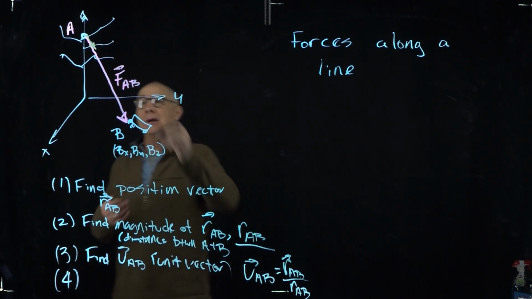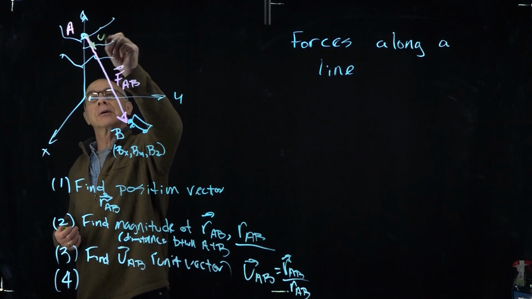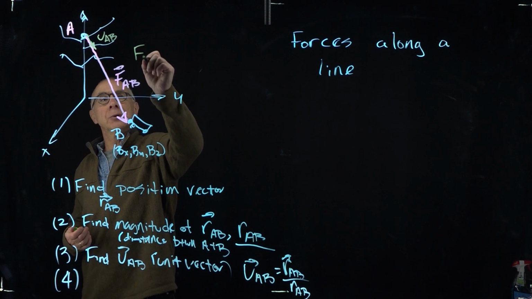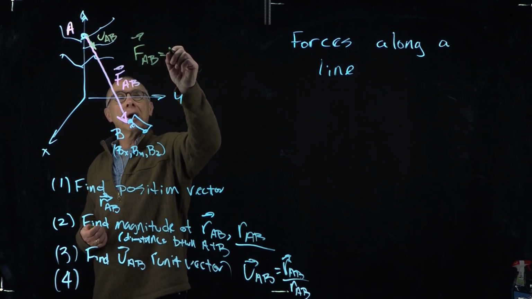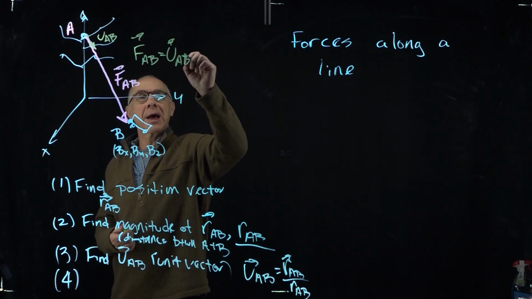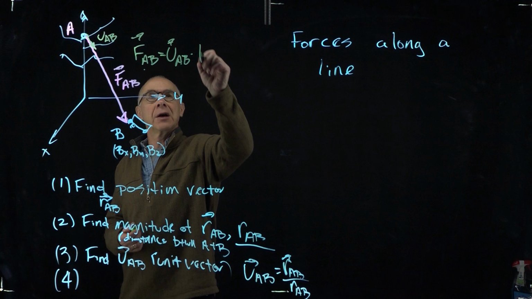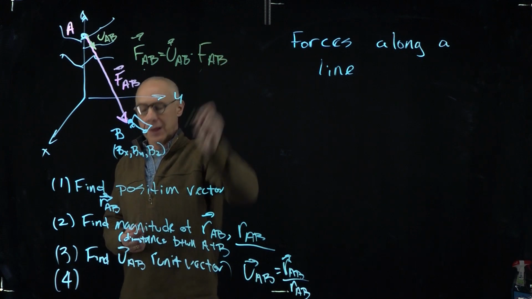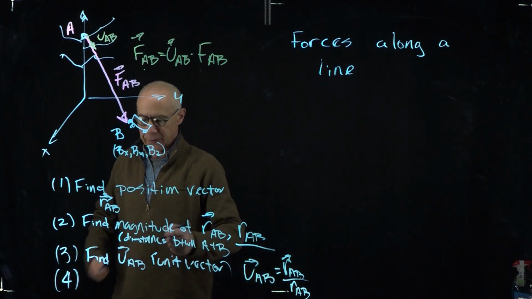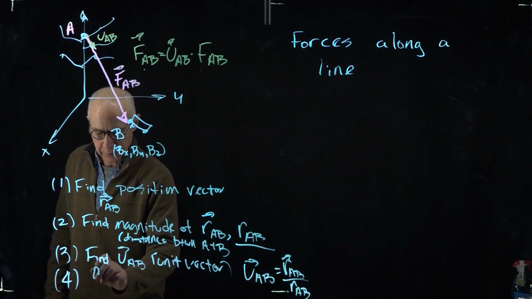So to find the force vector in that direction, all we need to do is multiply our unit vector, UAB, times the magnitude of our force vector, FAB. So that's actually it. That's our fourth step. Let me write that down. So we're going to find the force vector.